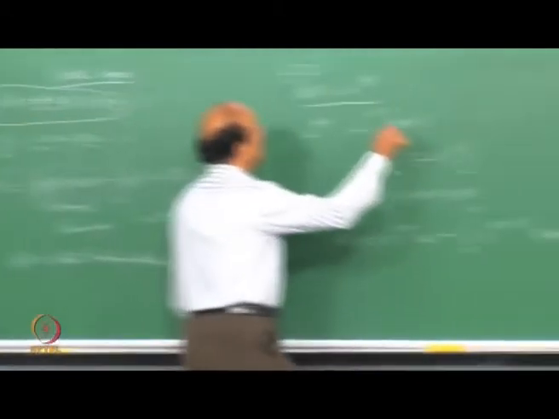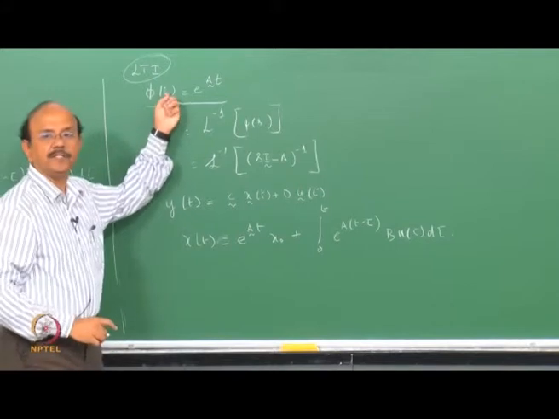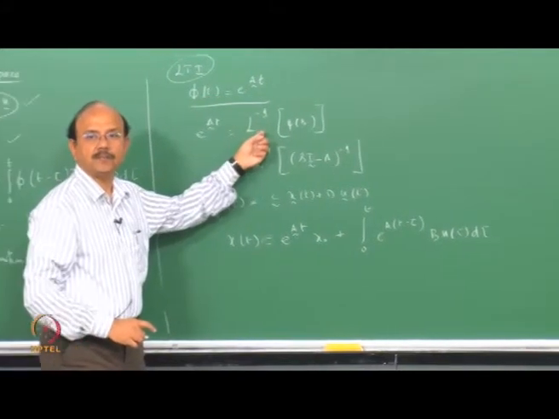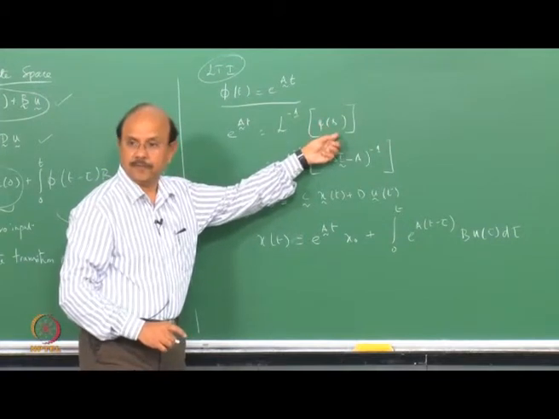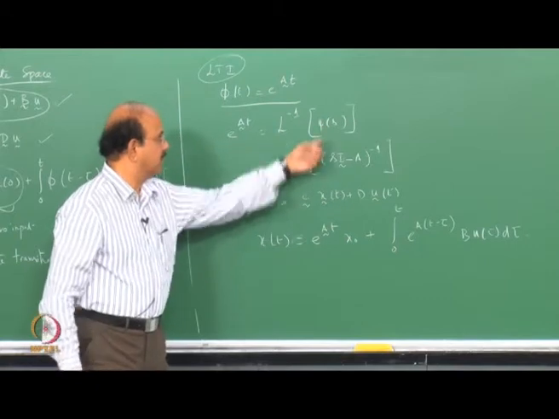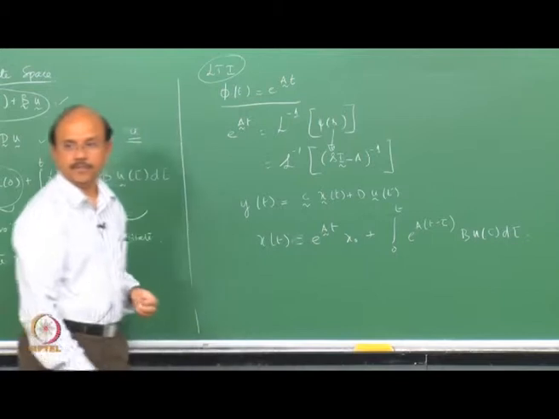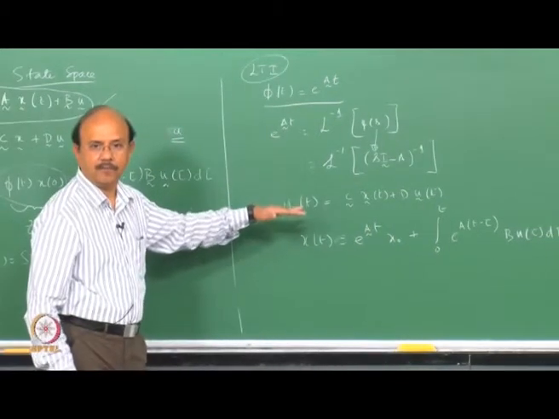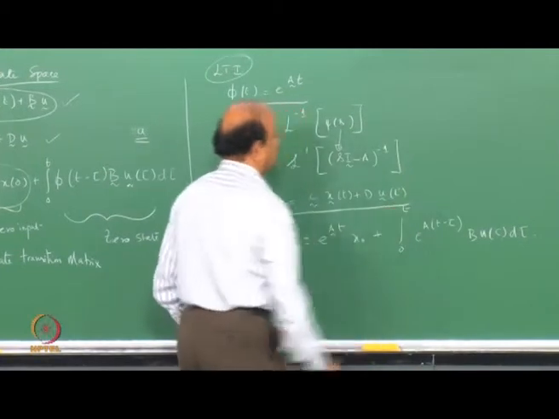And we remember that phi of t is the inverse Laplace transform of phi of s. Remember that's what we did, in which case that expression now boils down to this expression.